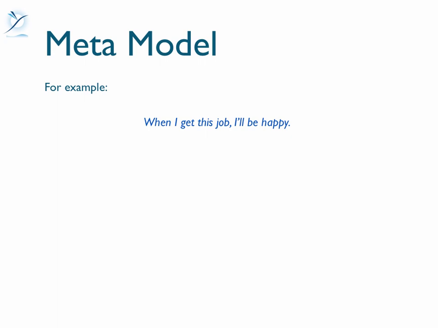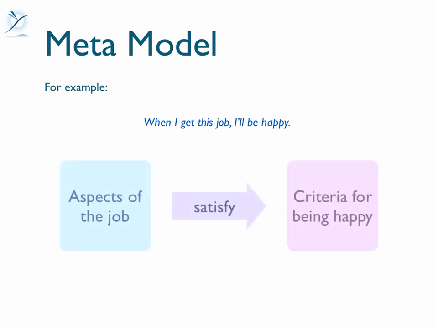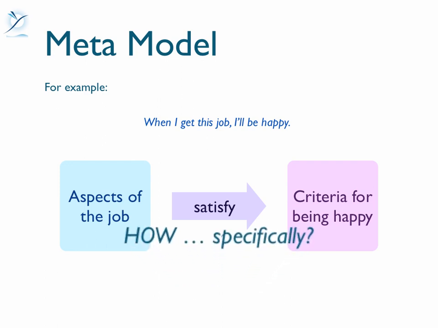It could be some way like this. We see that they perceive that certain aspects of the job will satisfy, that is, cause satisfaction for the criteria of being happy. In our mind, we still have this question: how specifically? That's the question that looms large in our mind.